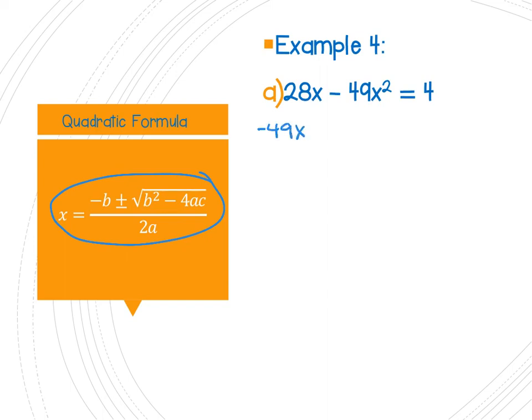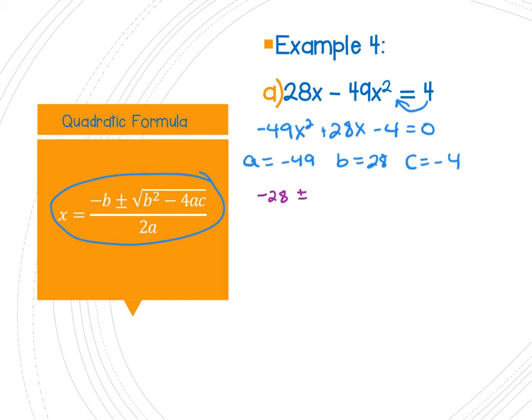Negative 49x squared plus 28x, and then bring that 4 over, minus 4 equals 0. So a is negative 49, b is 28, and c is negative 4. I get negative b, which is negative 28, plus or minus the square root of b, 28 squared, minus 4 times a times c, all over 2 times a.